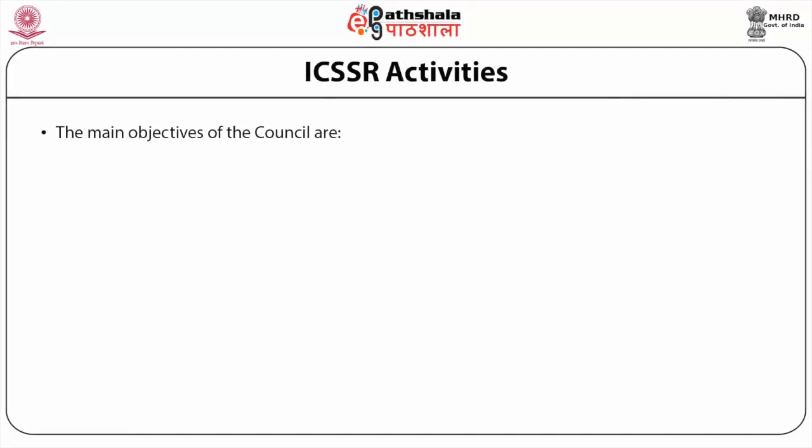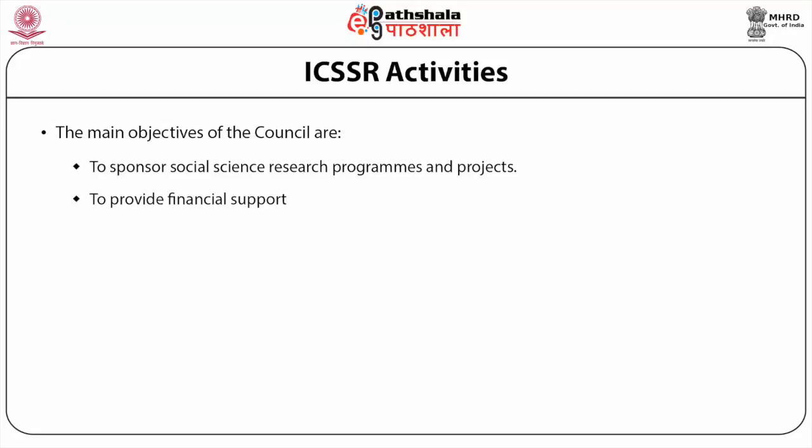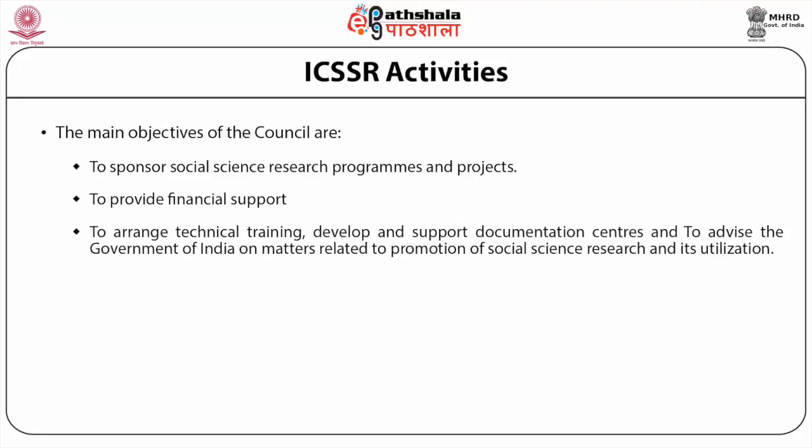The main objectives of the ICSSR are to sponsor social science research programs and projects, to provide financial support, to arrange technical training, to develop and support documentation centers, and to advise the Government of India on matters related to promotion of social science research and its utilization.